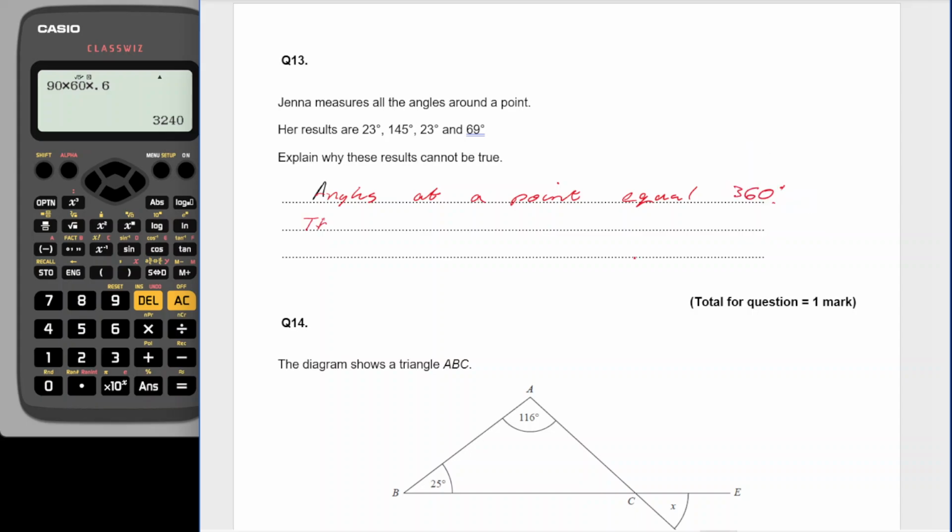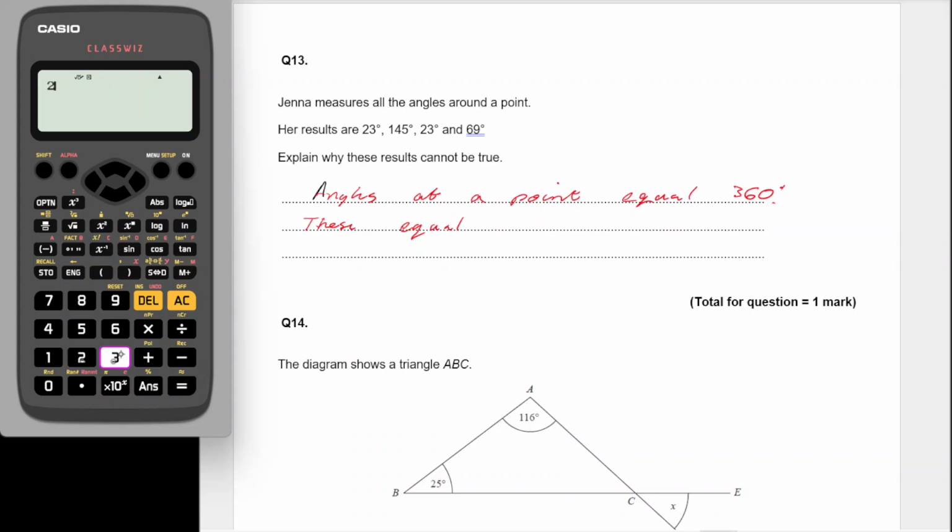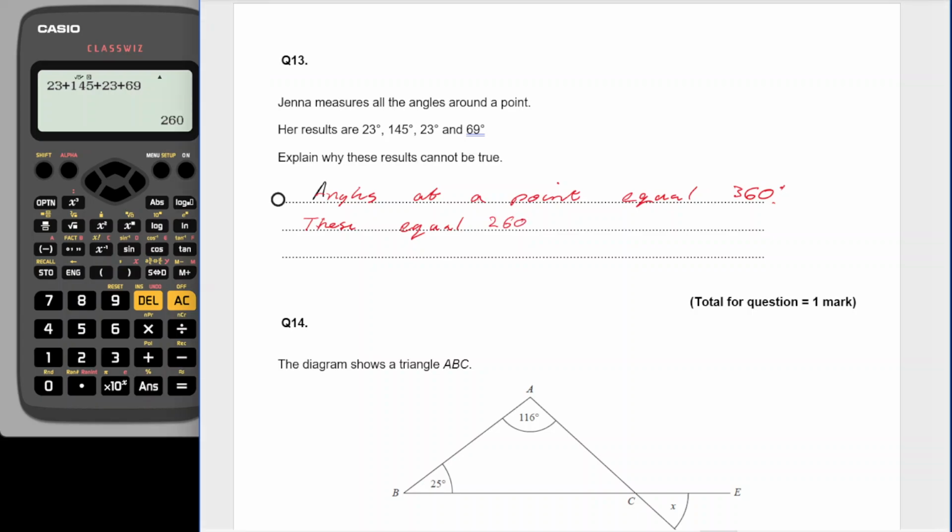These equal 23 plus 145 plus 23 plus 69, 260. So these cannot be all the angles around a point.